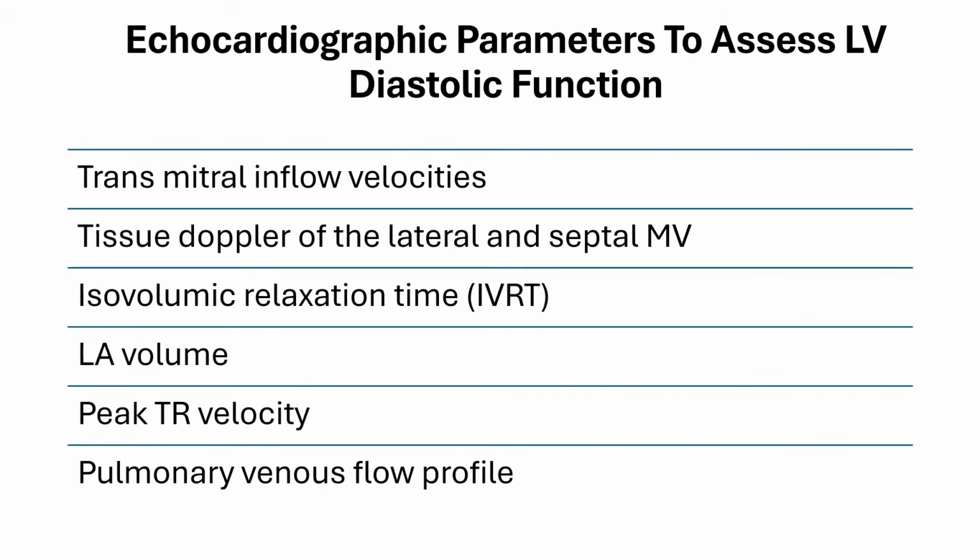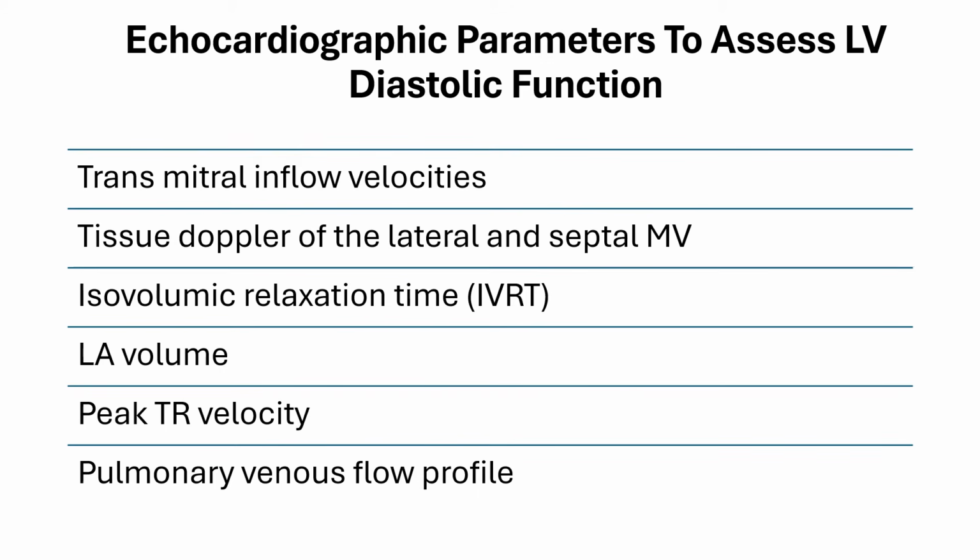So what are the echocardiographic parameters which we can utilize in assessment of LV diastolic function, which include transmitral inflow velocities, tissue Doppler of the lateral and septal mitral valve, isovolumic relaxation time or IVRT, left atrial volume, peak TR velocity, and pulmonary venous flow profile.